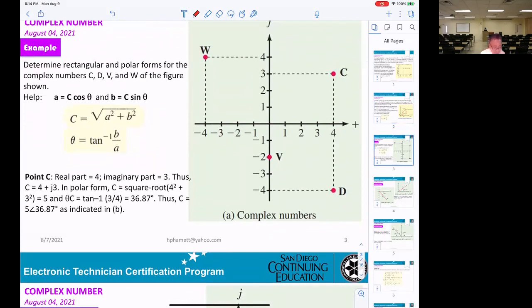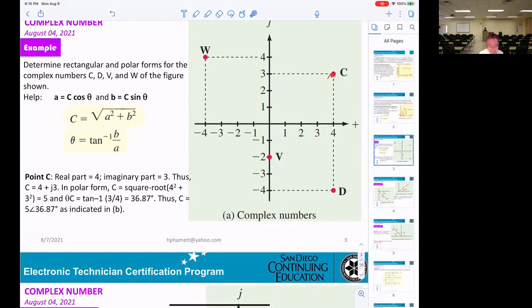So they want the rectangular for point C and also polar for point C. And point D right here, V right here, and W here.